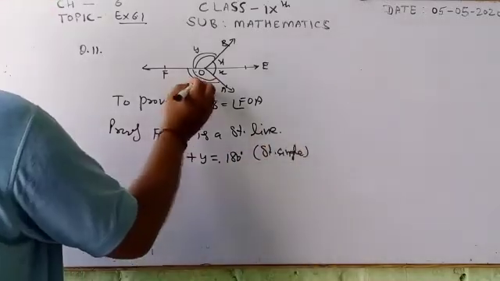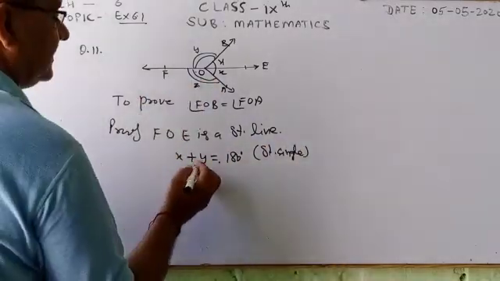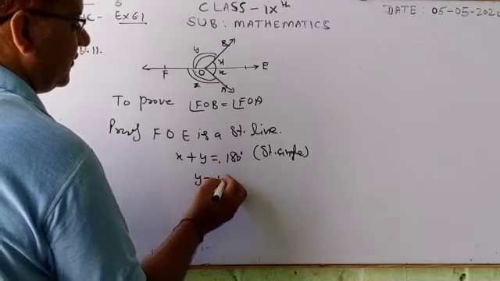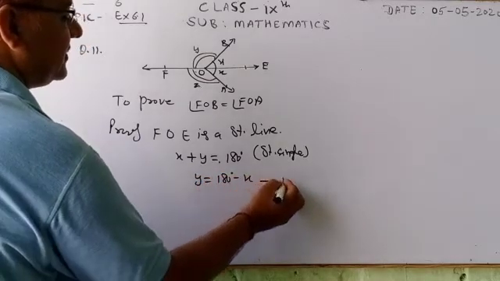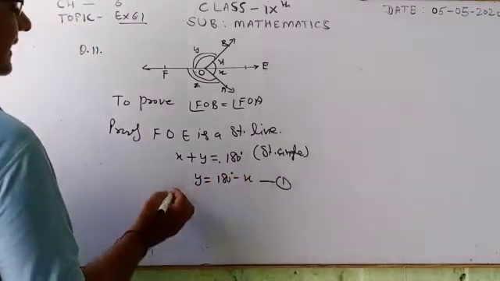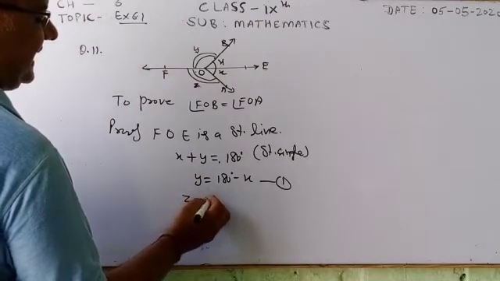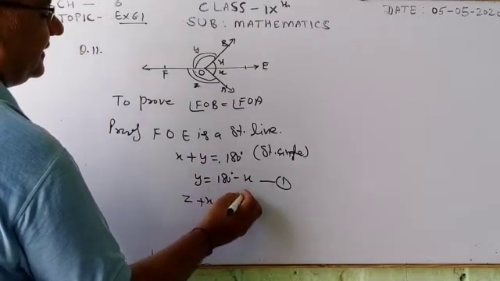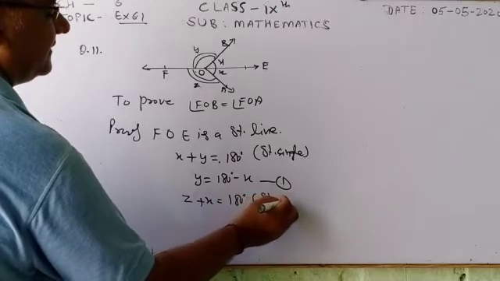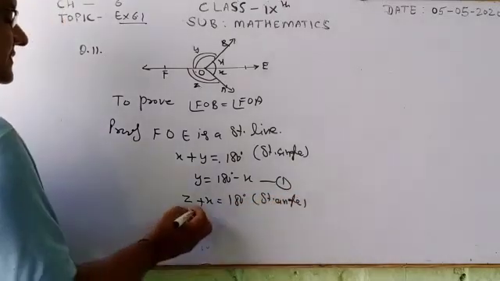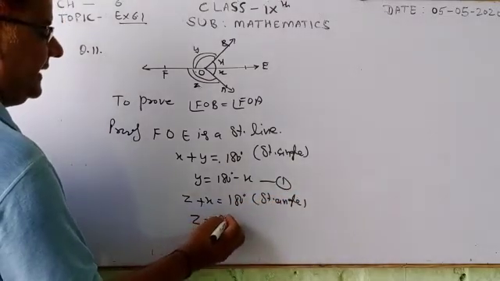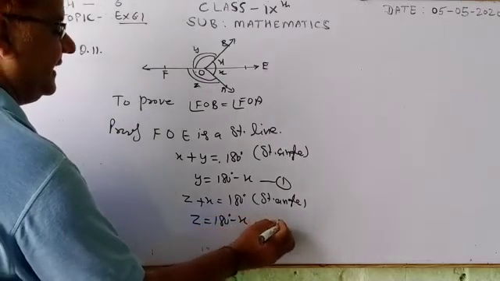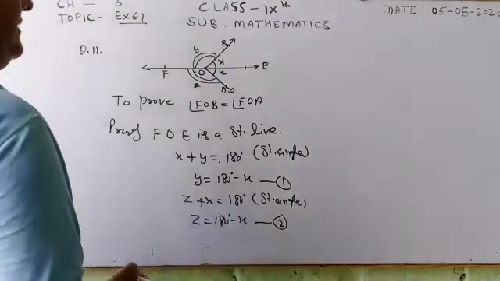And also we are taking z. So we find the value of y equal to 180 degrees minus x, equation first, and z plus x also equals 180 degrees, a straight angle. So z equals 180 degrees minus x, equation second.